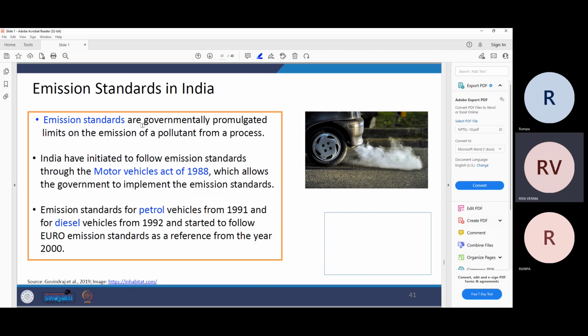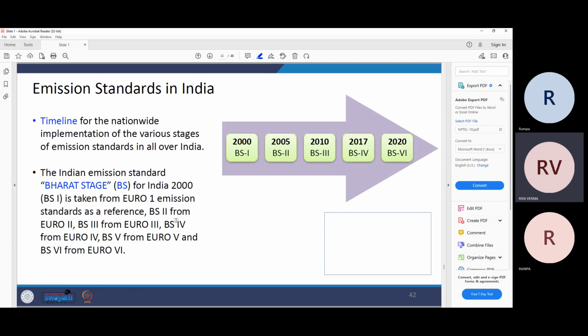Basically, the emission standards are governmentally promulgated limits on the emission of a pollutant from a process, and India initiated to follow emission standards through the Motor Vehicle Act of 1988, and the standards for petrol vehicles from 1991 and for diesel vehicles from 1992, and started to follow the Euro emission standards as a reference from the year 2000. So this is the timeline for the nationwide implementation of the various stages of emission standards all over India.